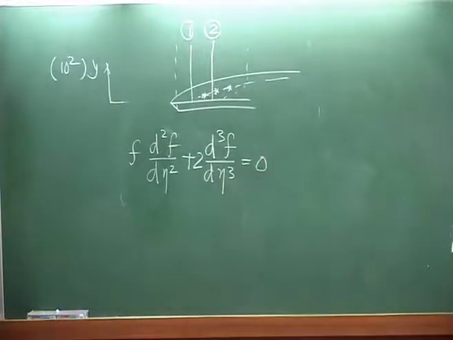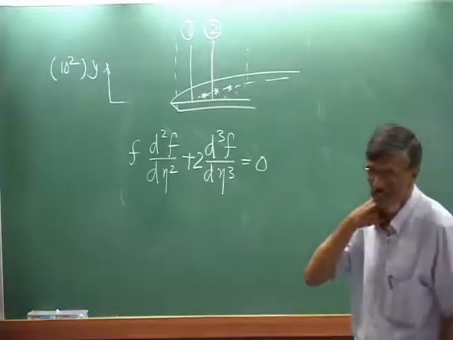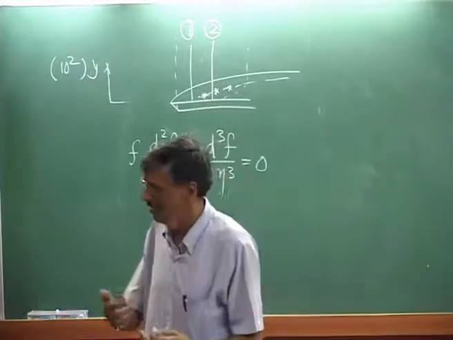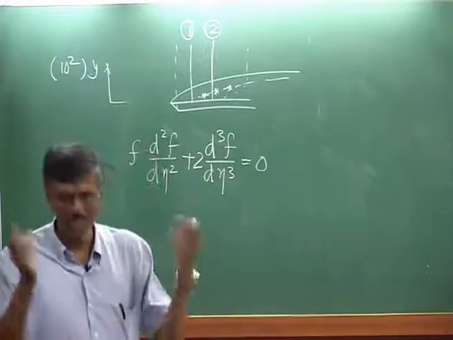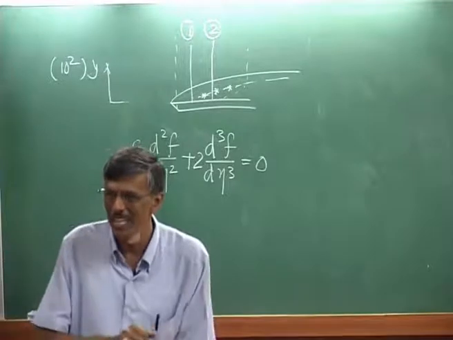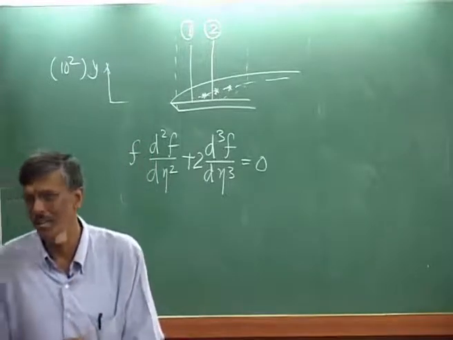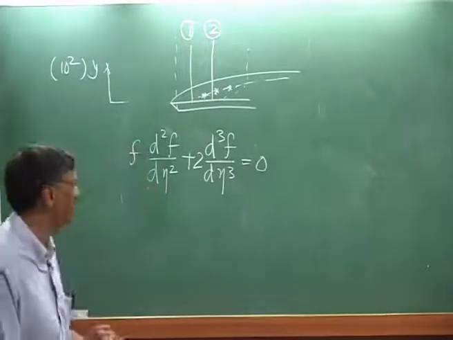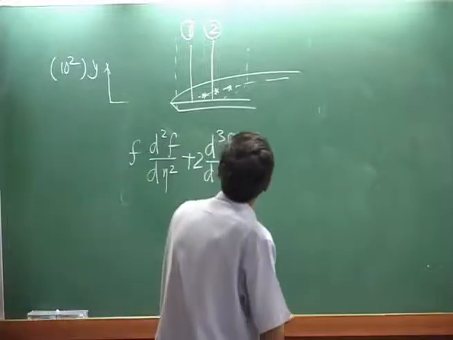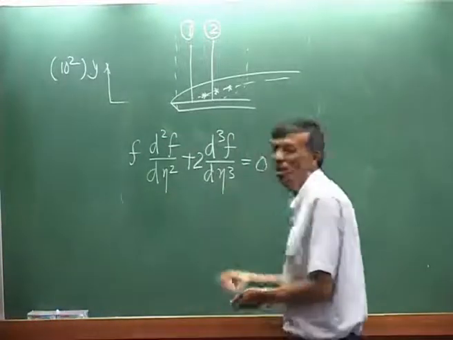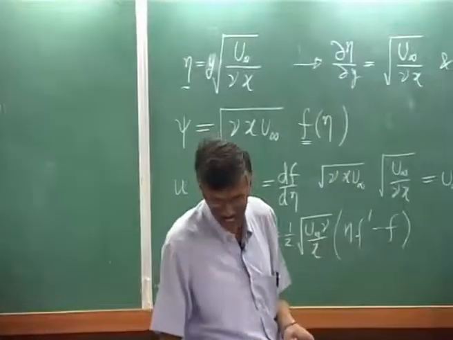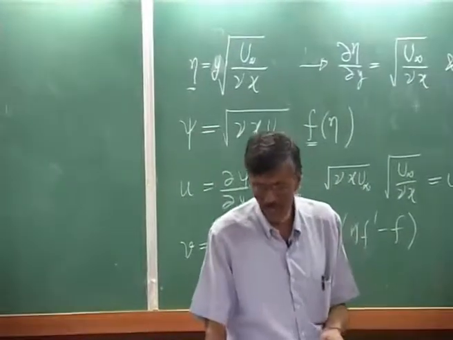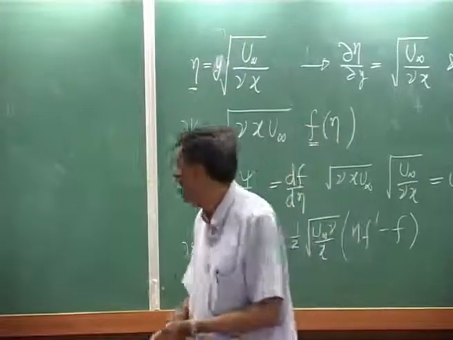So, you can see that is a sequence of observations that led us from a nonlinear PDE to a nonlinear ODE. The good news is, of course, as I told you, that I could perhaps use a mechanical desk calculator to solve it, and people started solving it.